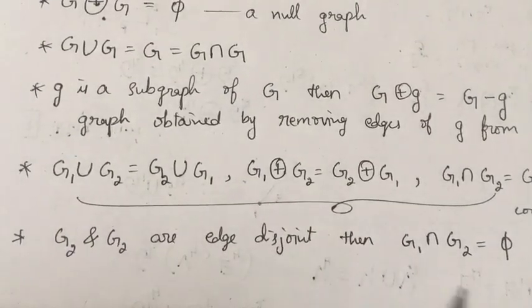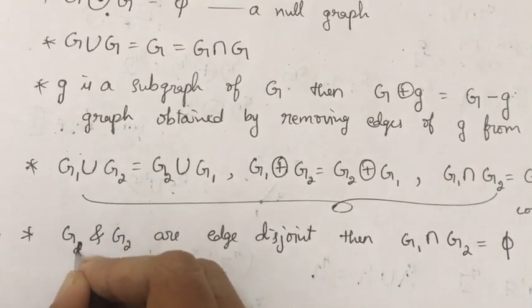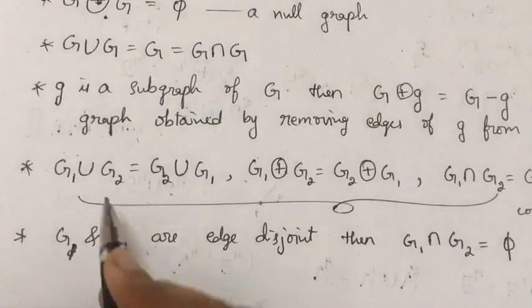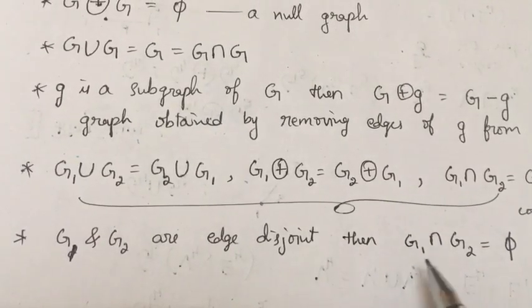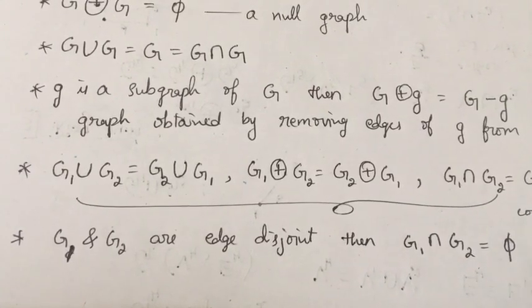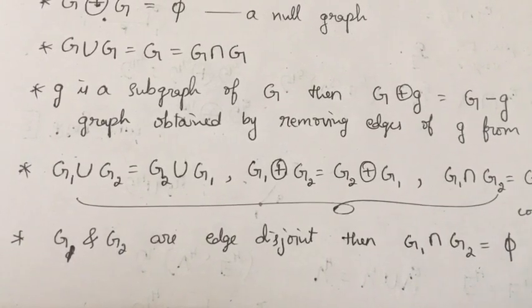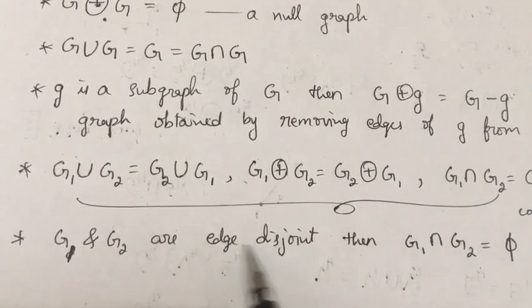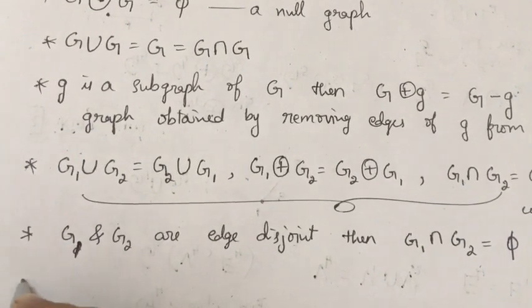Edge disjoint means there is no edge in common between G1 and G2. Then G1 intersection G2 will be a null graph. Remember, vertices will be there. They are isolated vertices. There will not be any edges because they are edge disjoint. Therefore, G1 intersection G2 will be a null graph.